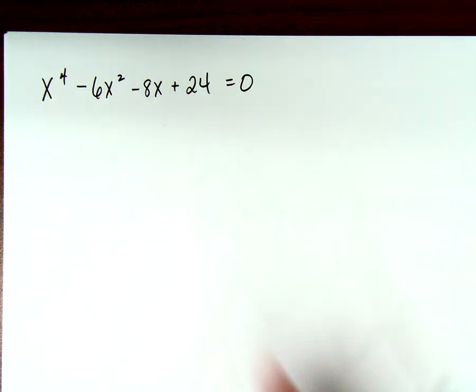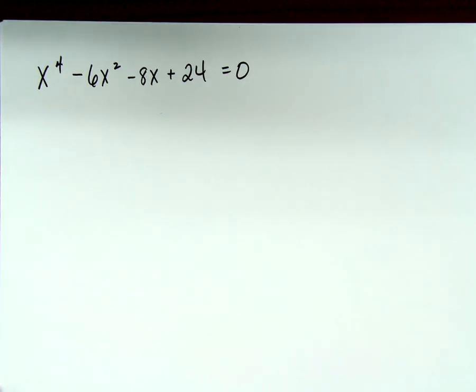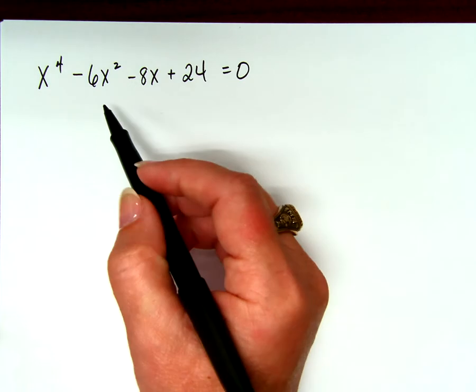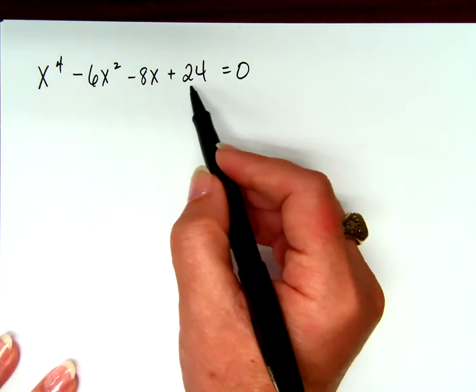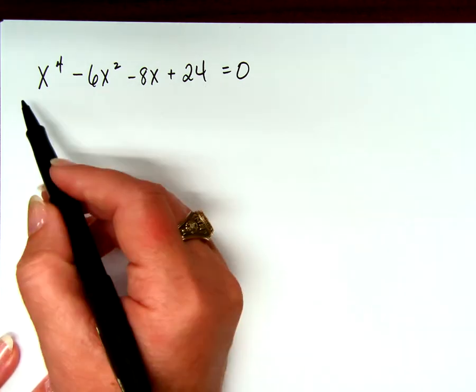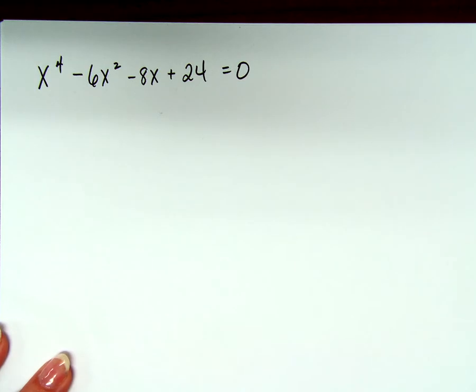But we've got to find all the zeros, all the roots, all the solutions, all the 50,000 things that it's called. In this textbook, it's called the rational zeros. So we do the factors of the last term divided by the factors of the first term. Do you remember this?